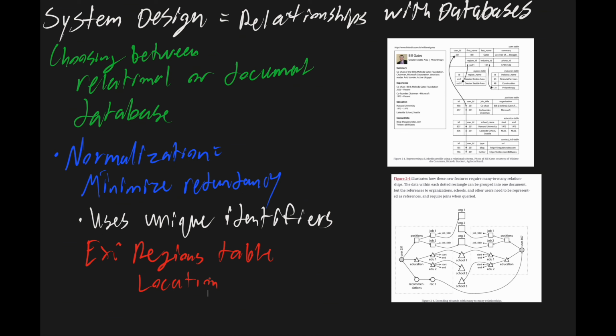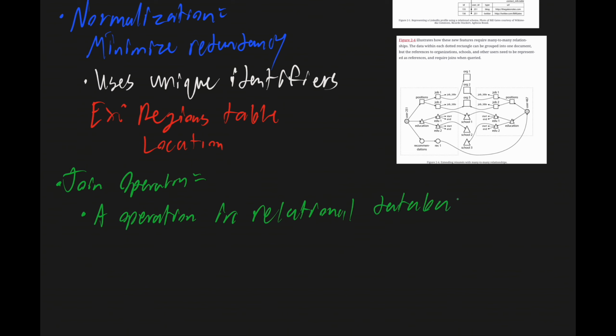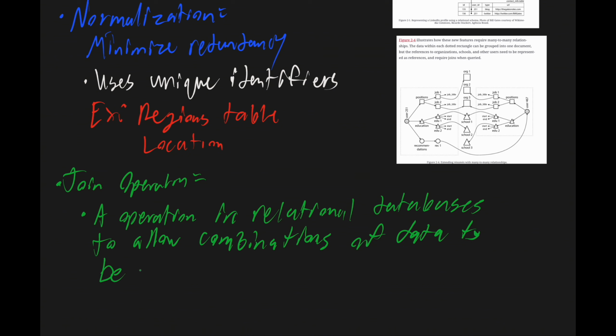They form the basis of a join operation. Let me just move down here to explain what a join operation is: an operation in relational databases to allow combinations of data to be pulled from a database.